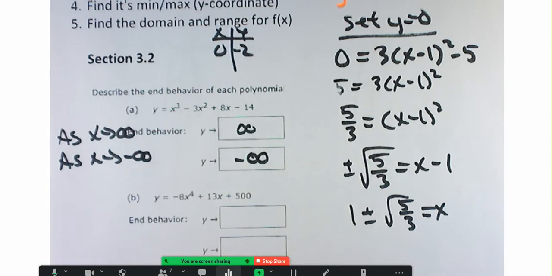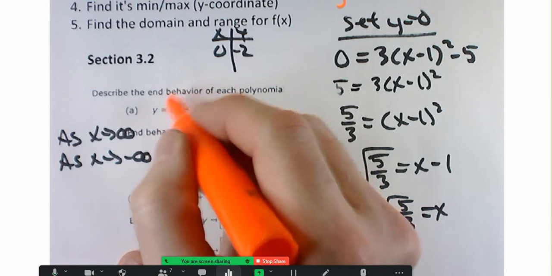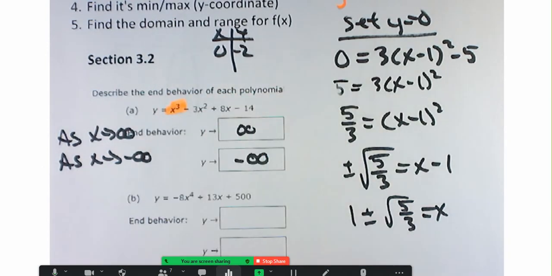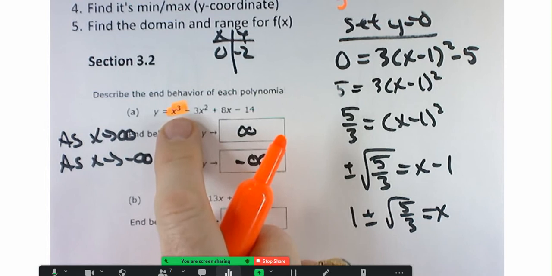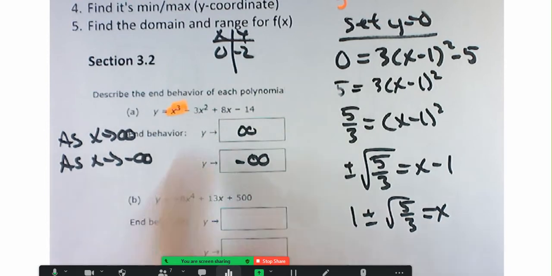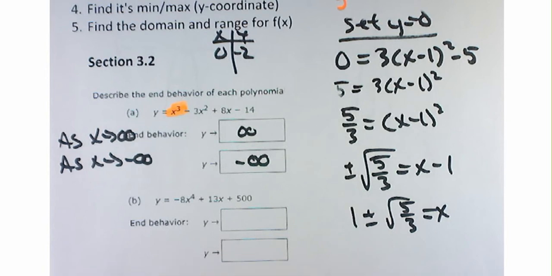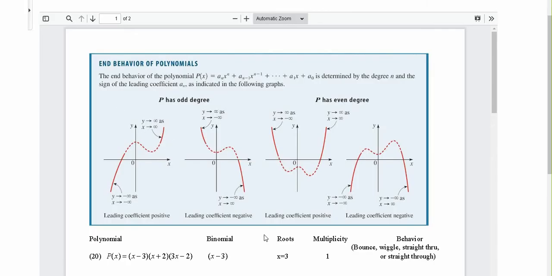You have to key in on the degree and the leading coefficient. Is the degree even or odd? And is the leading coefficient positive or negative? In this case, everything lined up, so we're going to use the first of those 4 possible end behaviors.